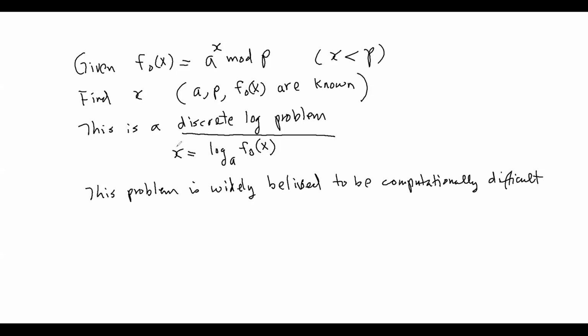So that means now we have a Diffie-Hellman key exchange algorithm. You take A and P as parameters.